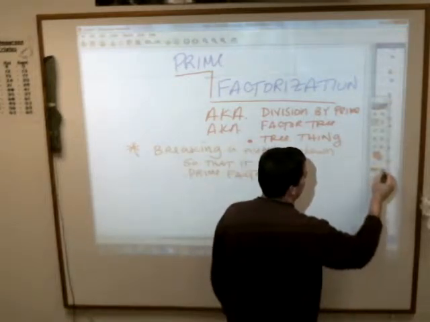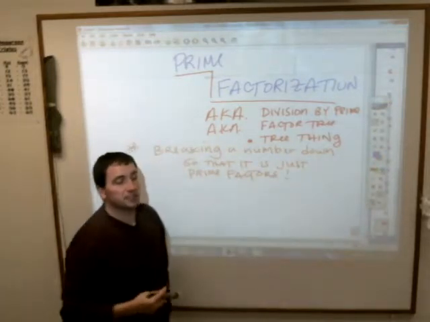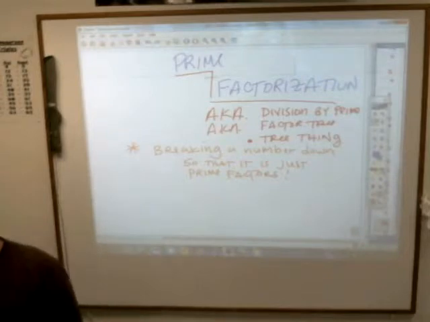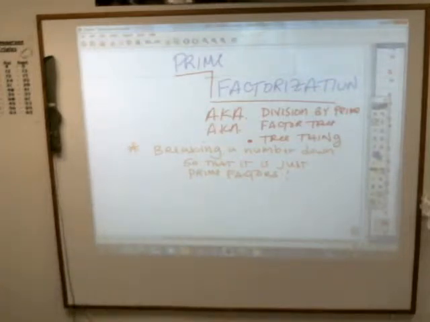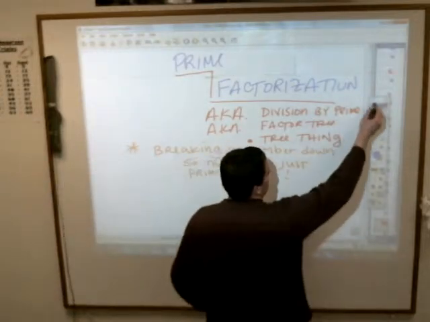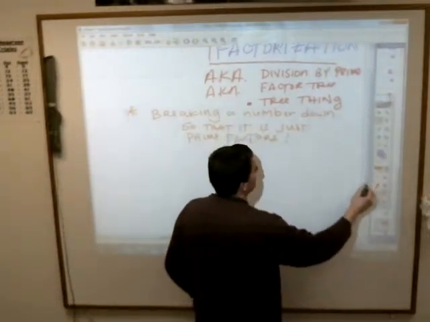First of all, you cannot prime factorize a prime number because it is already prime. The only thing you can prime factorize are what we call composite numbers, which aren't prime numbers. I'll show you in just a second, because I see some of you are diligently writing down, as you should be.